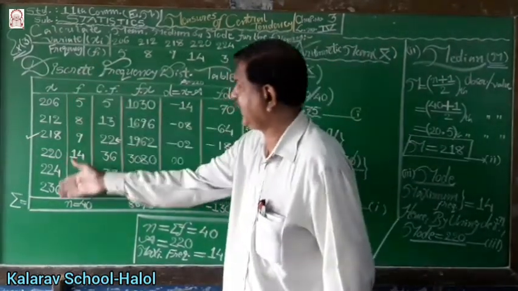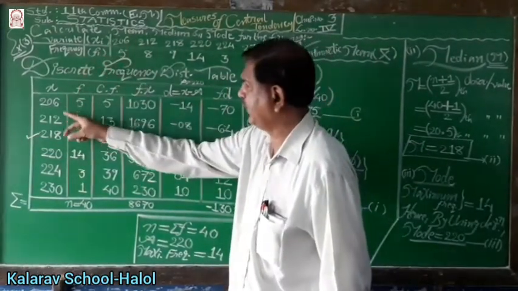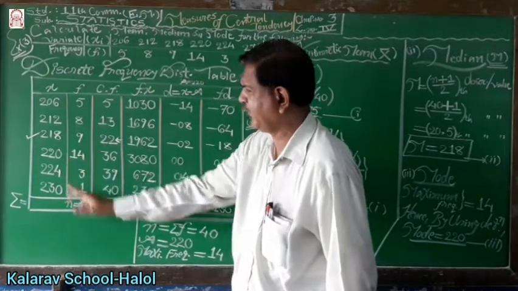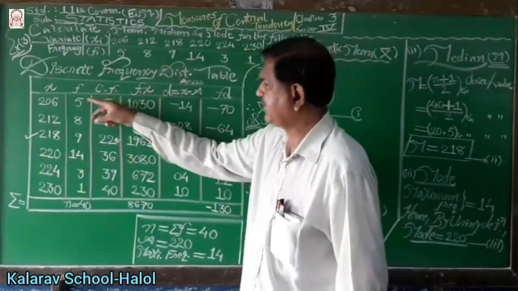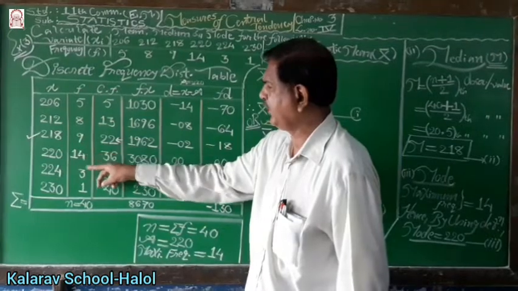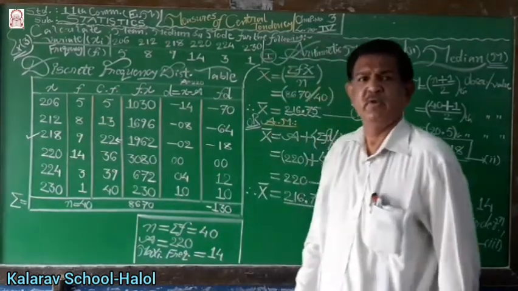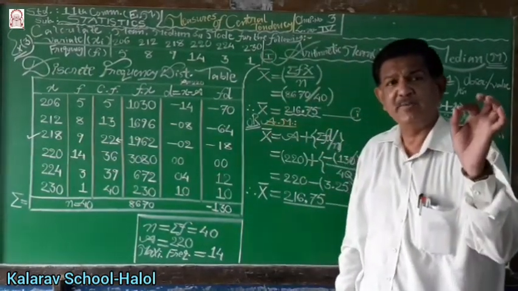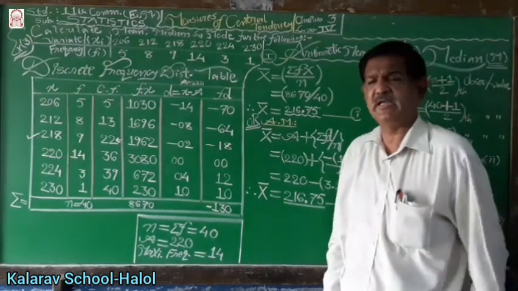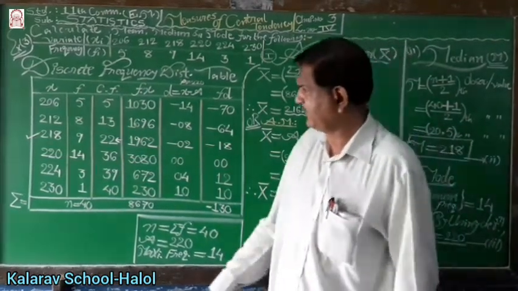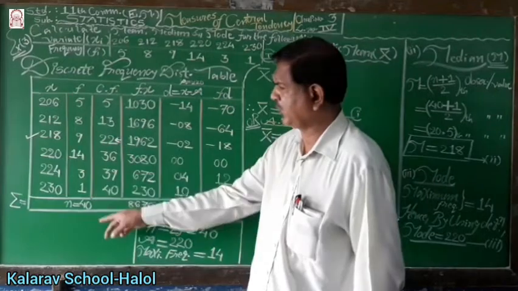Xi as it is: 206, 212, 218, 220, 224 and 230. The related frequencies are 5, 8, 9, 14, 3 and 1. Now prepare the column of CF. Cumulative frequency is generally calculated from top to bottom.